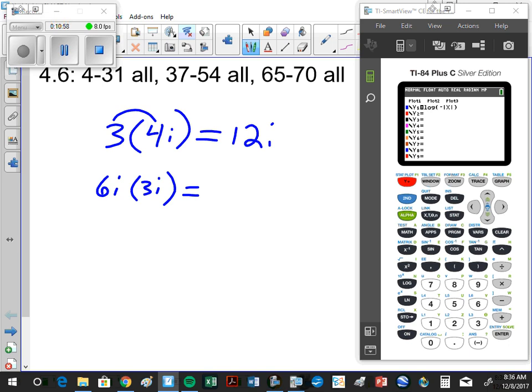That would be 18 i to the second. But what is i to the second? Negative 1. i squared is negative 1, so this actually turns into 18 times negative 1, which is negative 18. Got it? Okay.